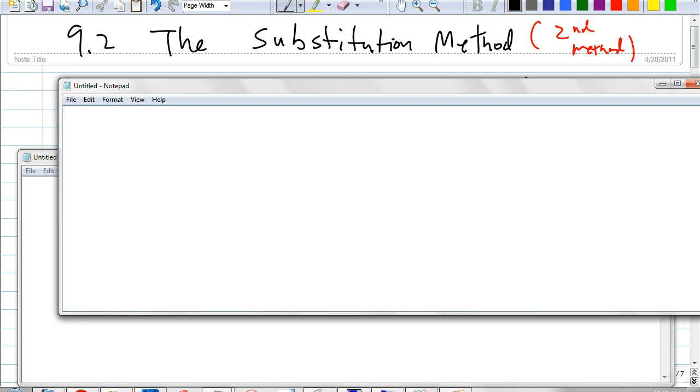Also, there's another limitation of graphing. Well, if they're parallel, you just write what? No solution. There's another limitation though. Does anybody know what other limitation we have in terms of graphing?